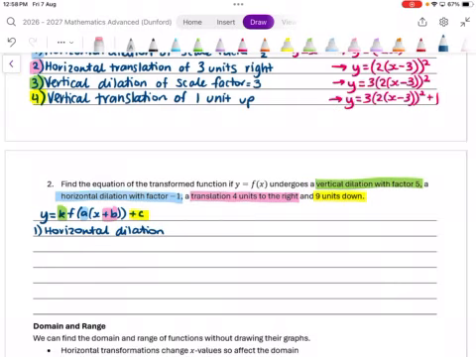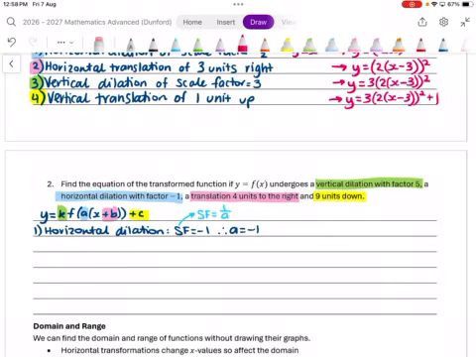Our scale factor, let's shorten it, SF equals -1. So what's our a going to equal? Remember, scale factor for horizontal dilation is scale factor equals 1 on a. So a will be -1.